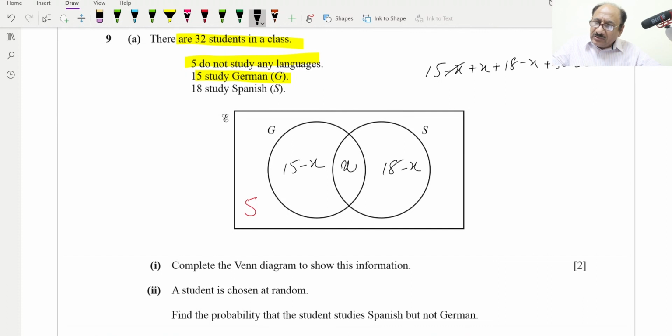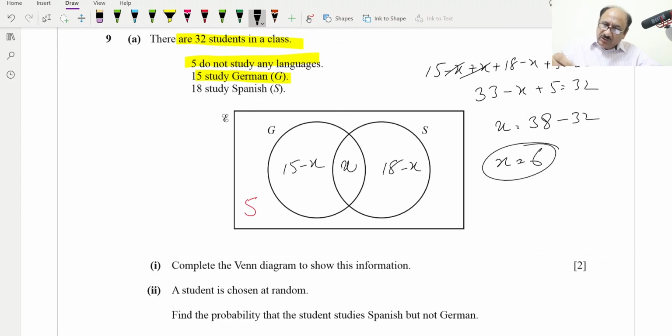We can cancel these two x's, and 15 plus 18 will be 33 minus x, and plus 5 is equal to 32. So x is equal to 33 plus 5, which is 38, minus 32, so the x value will be 6.